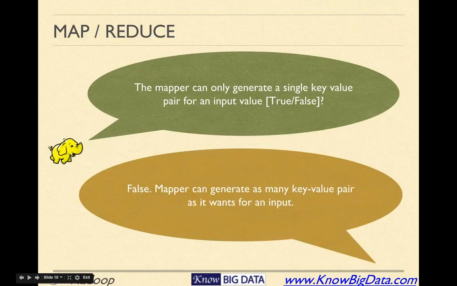So, the answer is false. Mapper can generate as many key values as it wants. There is no restriction on number of key values.